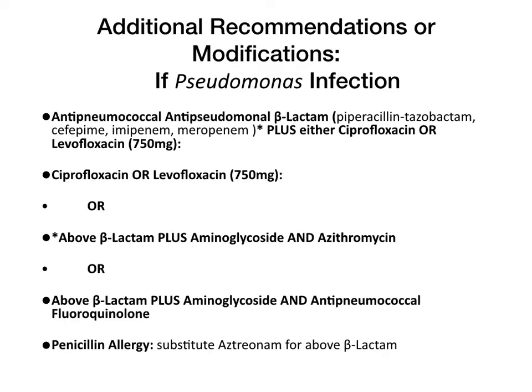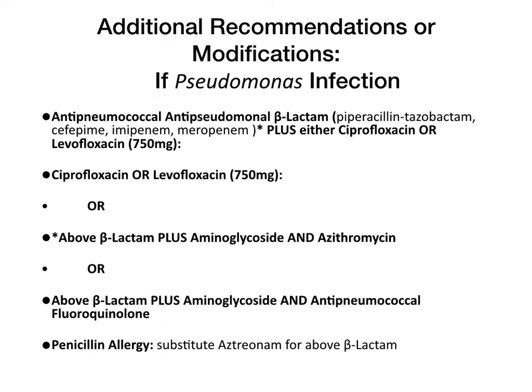In patients who are admitted and we suspect Pseudomonas infection, they have to be treated with an anti-pneumococcal, anti-pseudomonal beta-lactam, including either piperacillin-tazobactam, cefepime, imipenem, or meropenem. In addition to the anti-pneumococcal, anti-pseudomonal beta-lactam, they have to have either ciprofloxacin or levofloxacin.